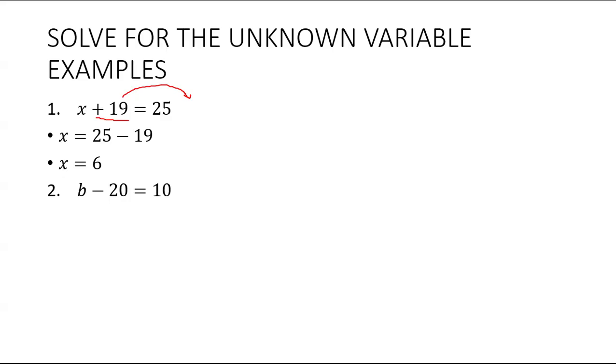All right, what did you do? The variable that we need to solve for is b. We needed to transpose 20 to the right-hand side. 20 is negative.